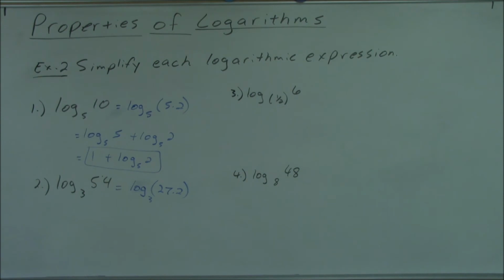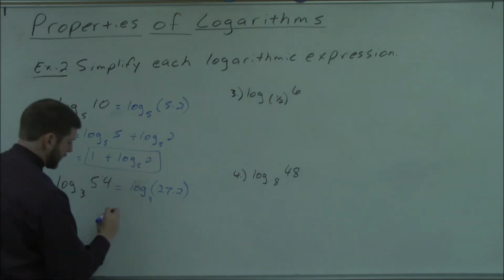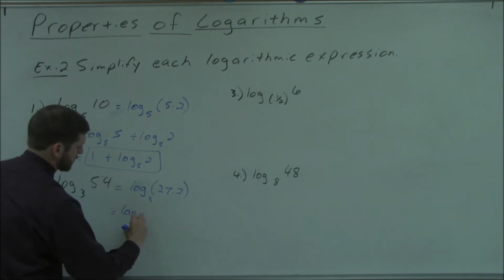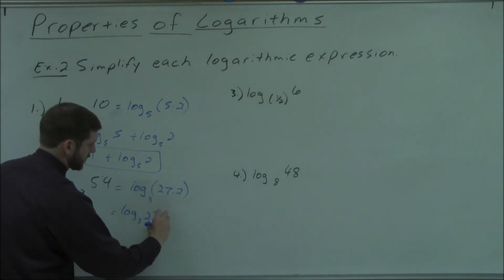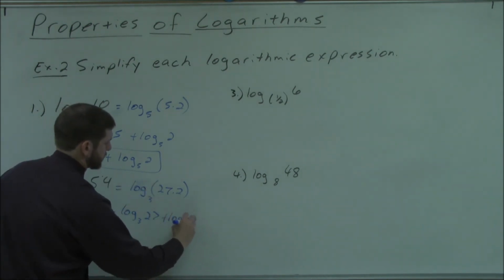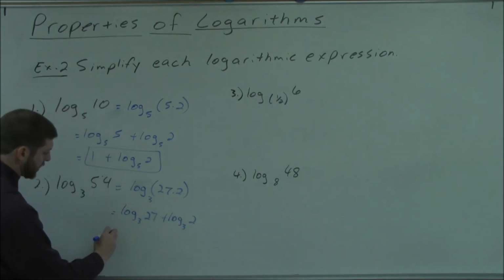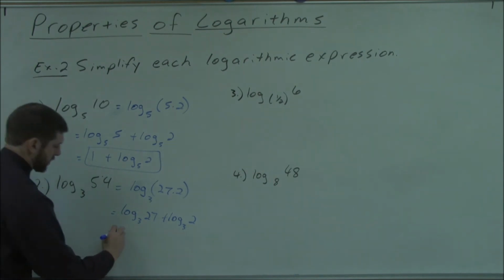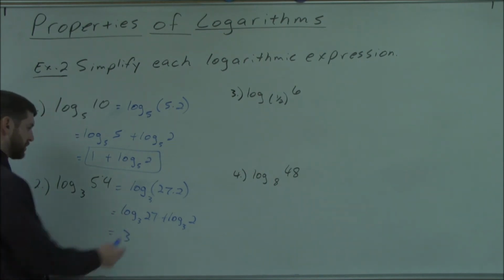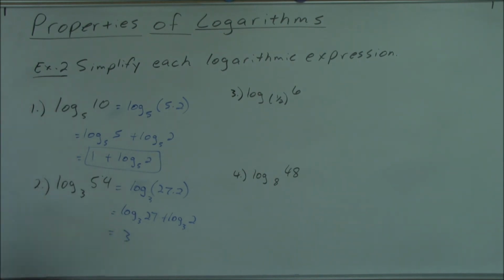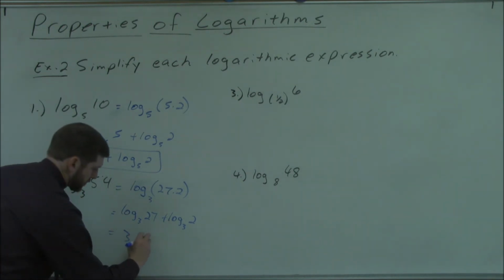If not, you could have recognized 9 and 6, and we could go from there. But if we recognize 27 and 2, that's log base 3 of 27 plus log base 3 of 2. And we know that 3 raised to the 3rd power, so we answered the question, 3 raised to what power gives us 27, plus log base 3 of 2.